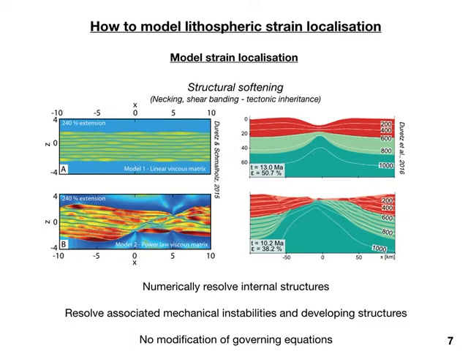In the lower panel, you see a model that includes numerous strong layers in the crust and mantle. These layers are flat initially. When stretching takes place, you see that the deformation is strongly asymmetric and that lots of features such as tilted blocks or continental allochthons suddenly appear.